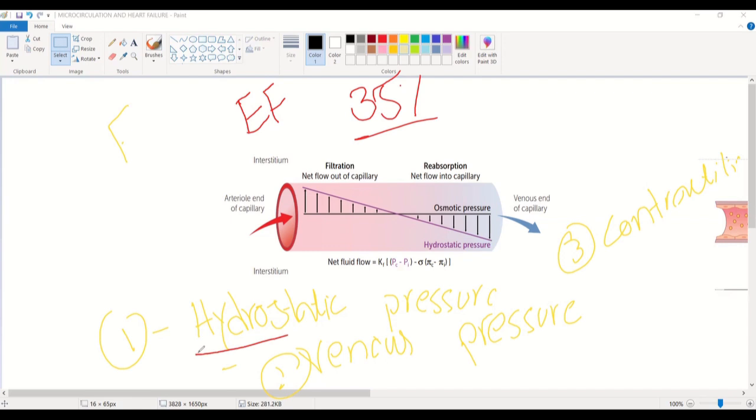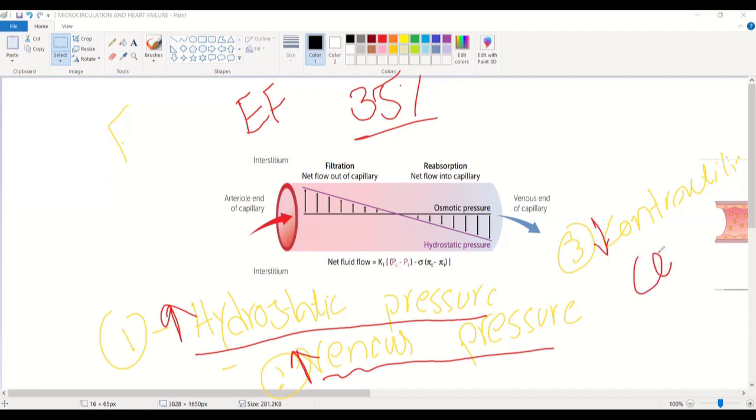What will happen to the hydrostatic pressure? Increase, decrease, remain unchanged? Increased. What will happen to the venous pressure? Increased. What will happen to the contractility? Decreased. Okay. Sometimes they give you the cardiac output as well. So many arrows to confuse you, right?